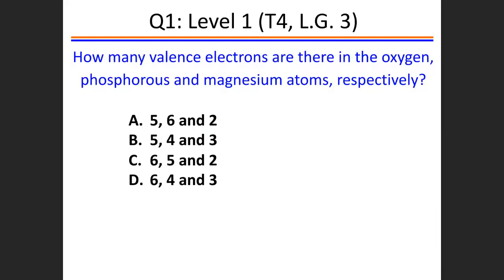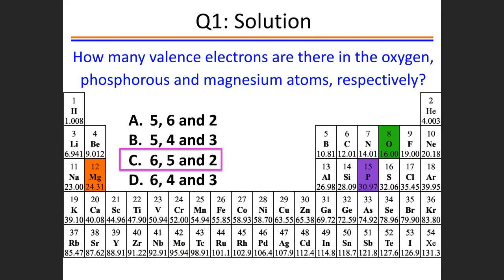How many valence electrons are there in oxygen, phosphorus, and magnesium atoms respectively? Now you can tell. First of all, we have oxygen.